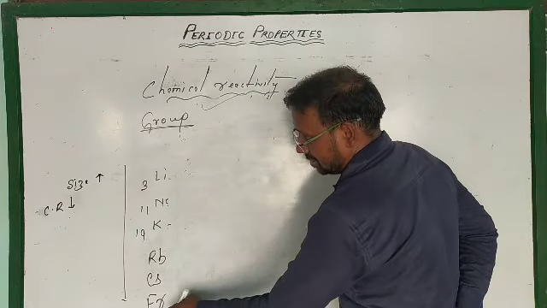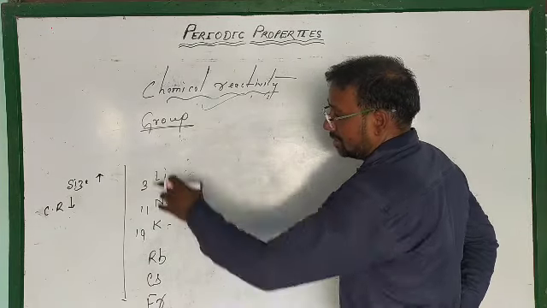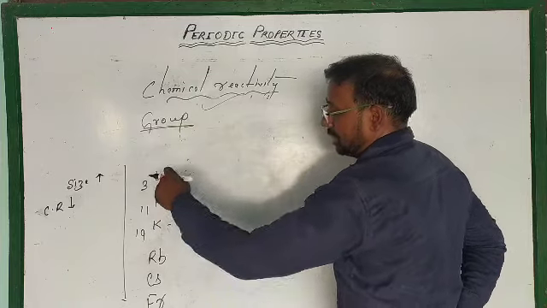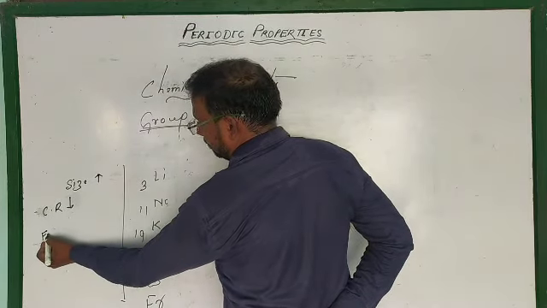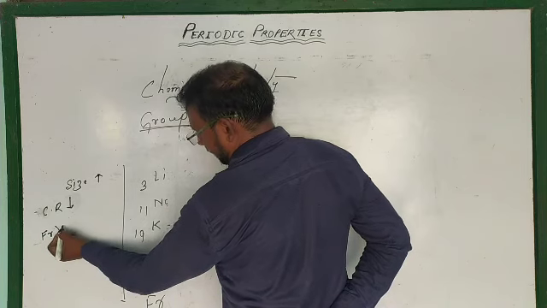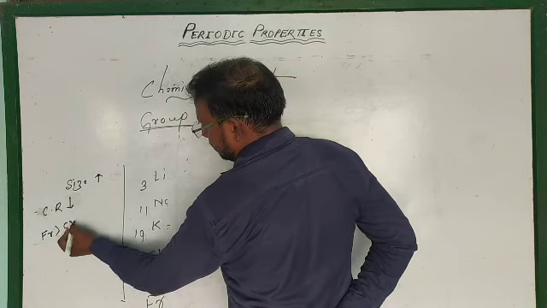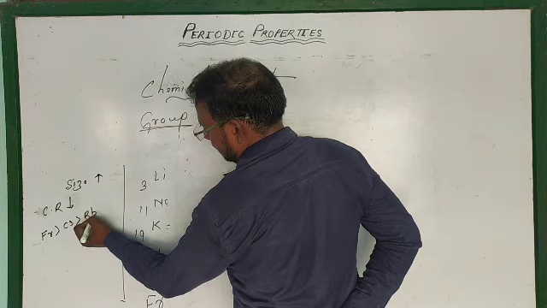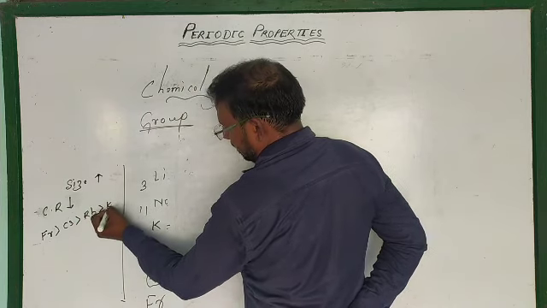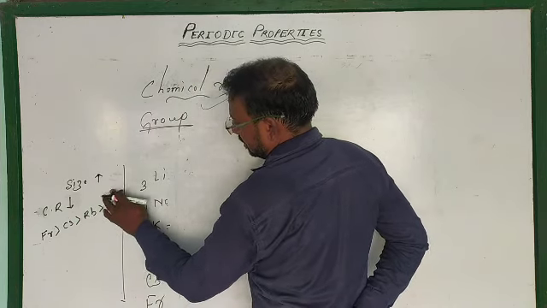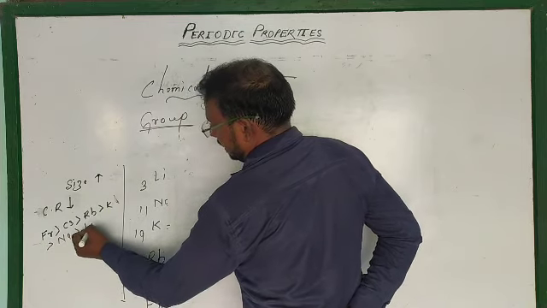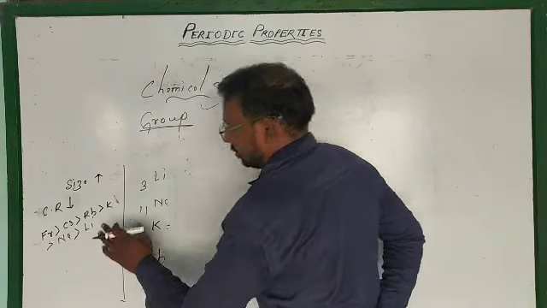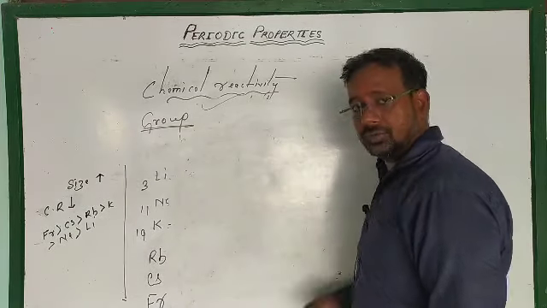What is the series for the chemical reactivity? Simply, francium is greater than cesium, greater than rubidium, greater than potassium, greater than sodium, and least in lithium. Why is it happening? Already I have explained to you.